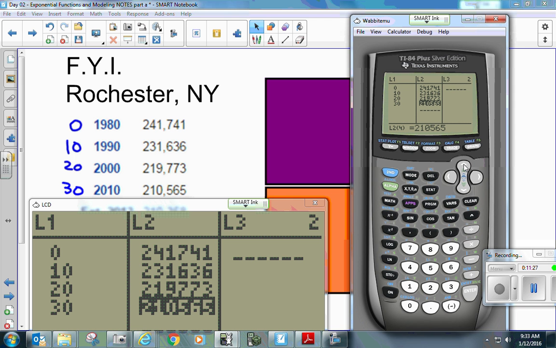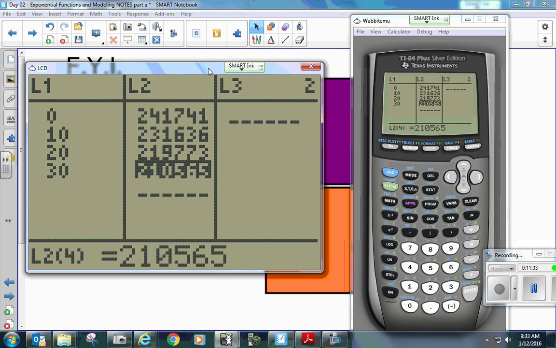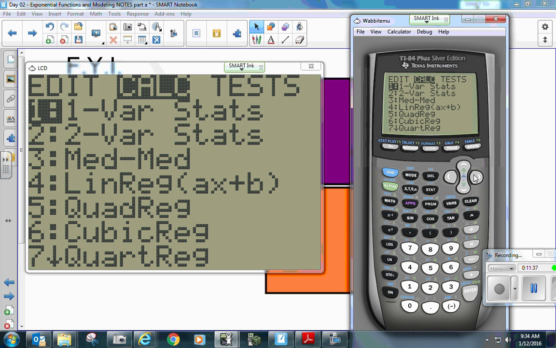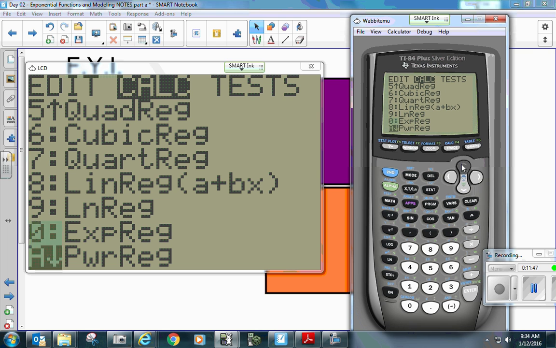Now, how do I create an equation from this information? How do I get my equation once I put my data in? Stat, calc, and what do I want to calculate? Aren't these exponentials? Exponential regression.